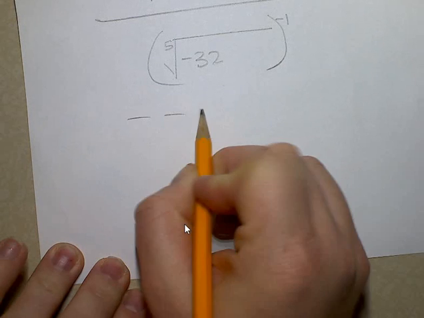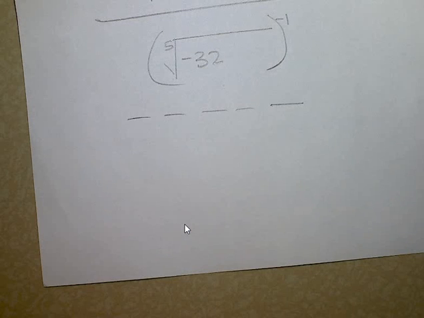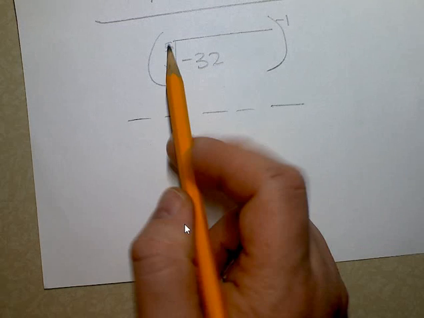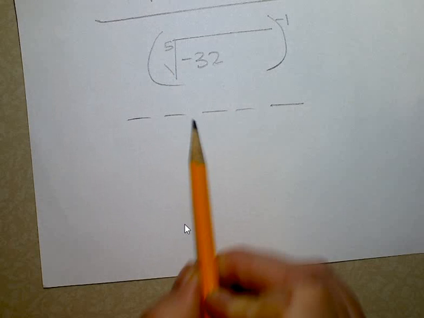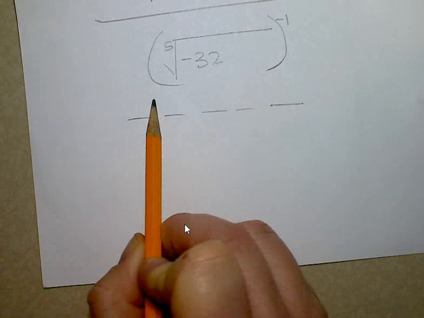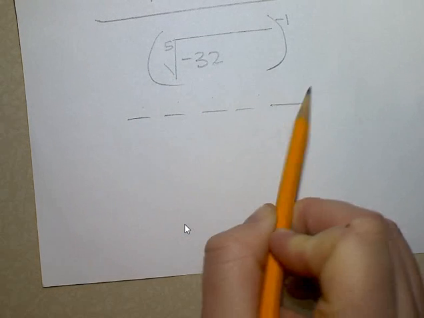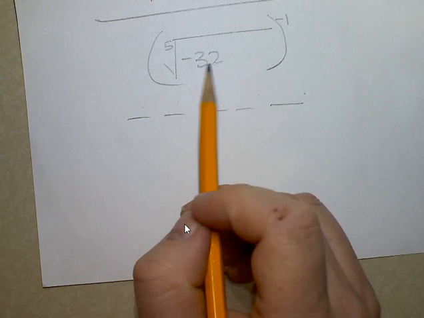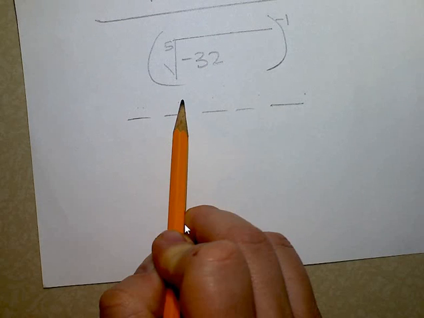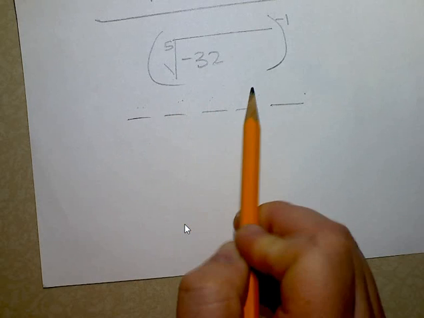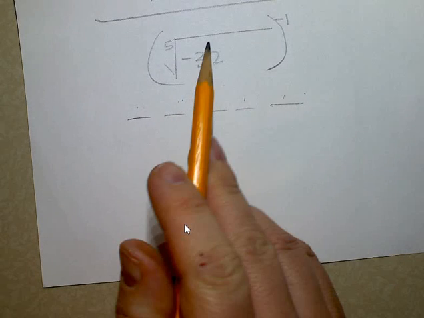5 spaces. So often in the past when students were learning about radical form and rational form, without using a calculator they wouldn't know where to start. So think of it this way. If I start with 1, 1 times 1 times 1 times 1 times 1, I know it's not 32. Let's try 2. 2 times 2 is 4, times 2 is 8, 16, and 32. So I know the possibility of 2 is correct.